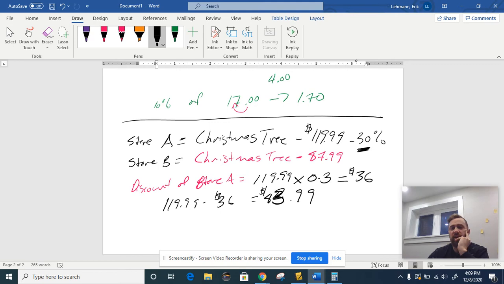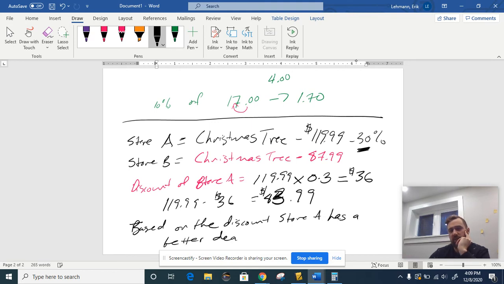So $83.99 versus $87.99. We can say, based on the discount, store A has a better deal.